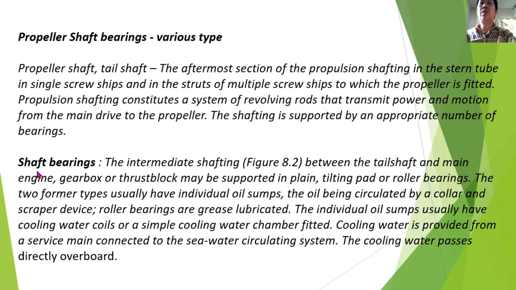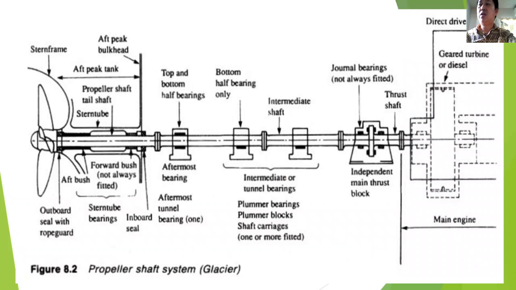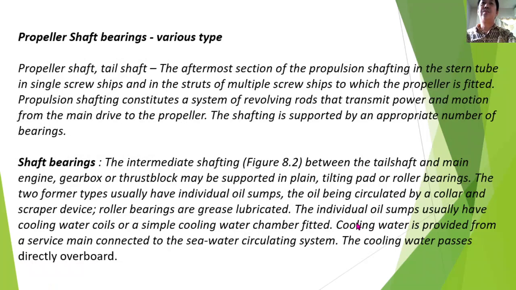So shaft bearings. The intermediate shaft, so figure 8.2, so here, this one, this one, this one. Between the tail shaft and the main engine gearbox or thrust block, it may be supported in plain, tilting pad, or roller bearings.